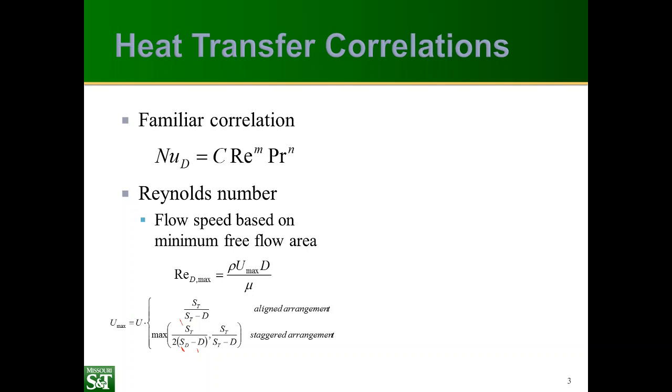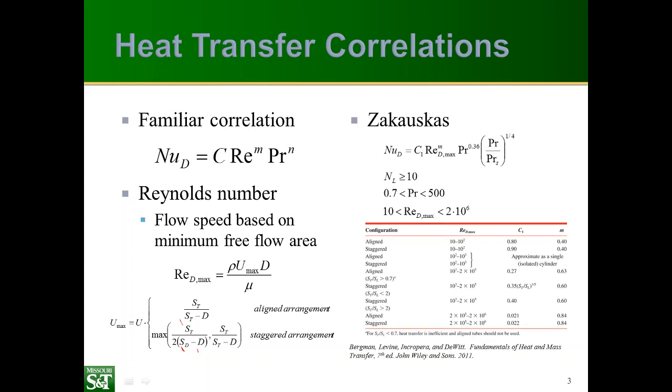So then we can go back to correlations. The Zukauskas correlation for tube bundles is a little bit different than the one for cylinders and so on. But it's valid for at least 10 rows of tubes. And we can use these empirical correlations for aligned and staggered tubes and so on and so forth.